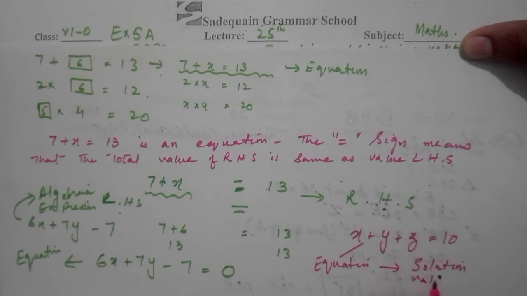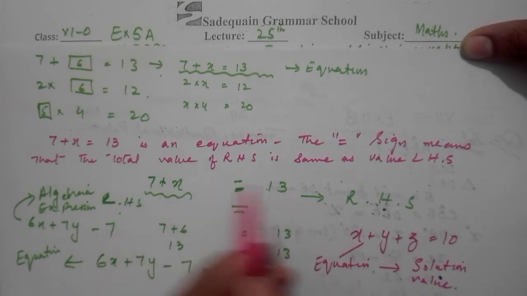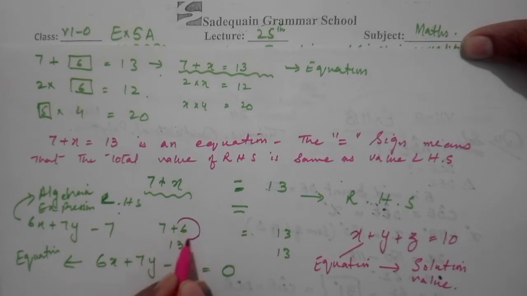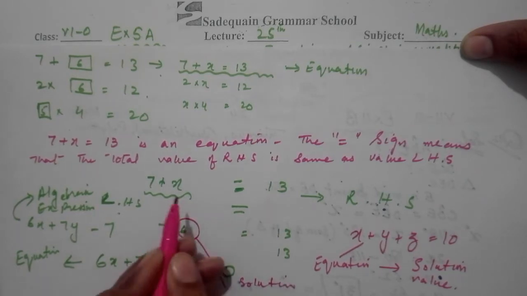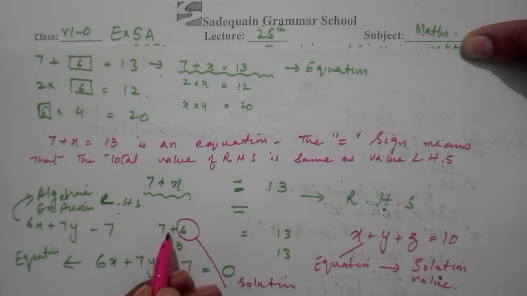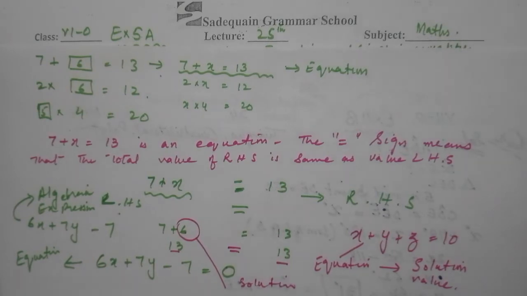The solution value is the value which satisfies both sides of the equation. Like here, this 6 is the solution value because x is equal to 6. If we put 6 in the equation, we get the same answer on both sides, that is 13 and 13. Fine.